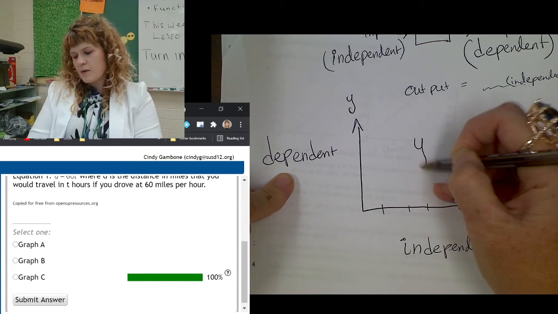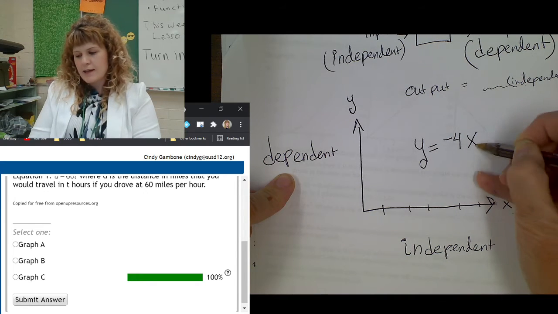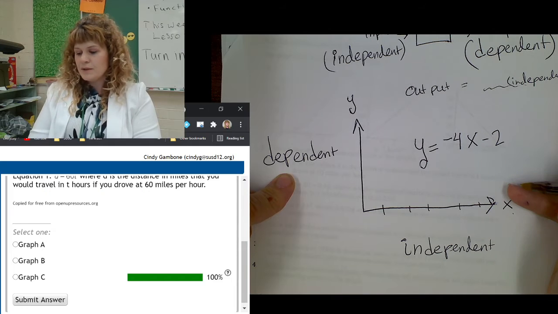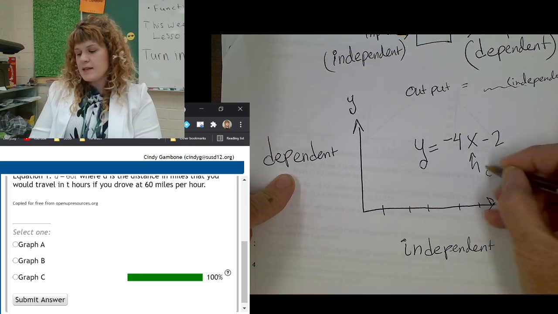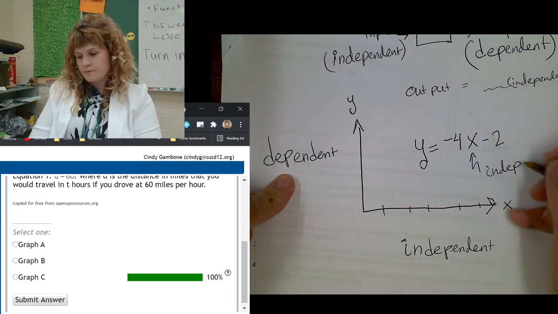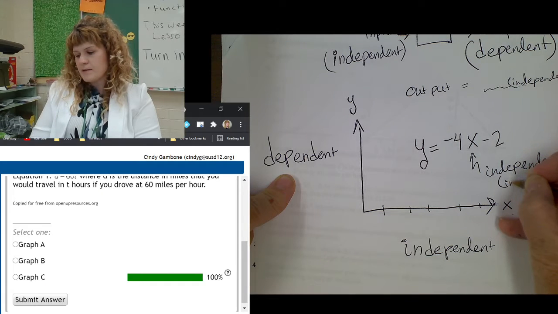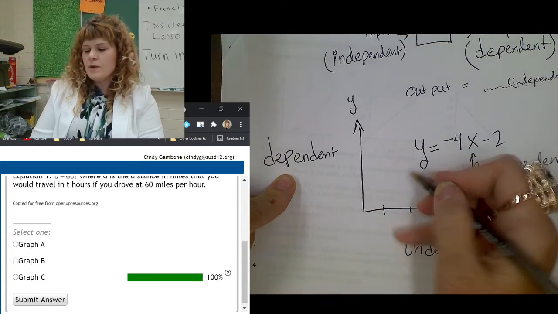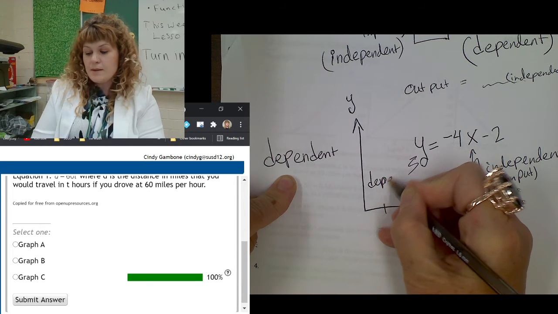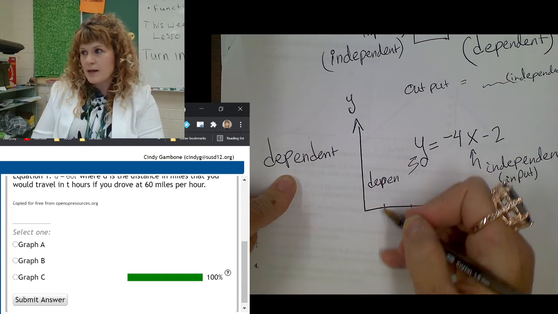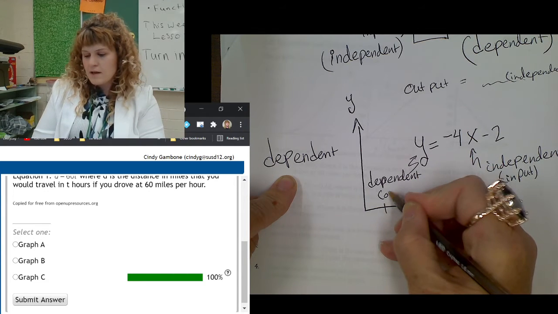So if we had the equation of a line, y equals negative 4x minus 2, then you know x is the independent variable. It's the input. And you know y is the dependent variable. It depends on whatever x was. It's the output.